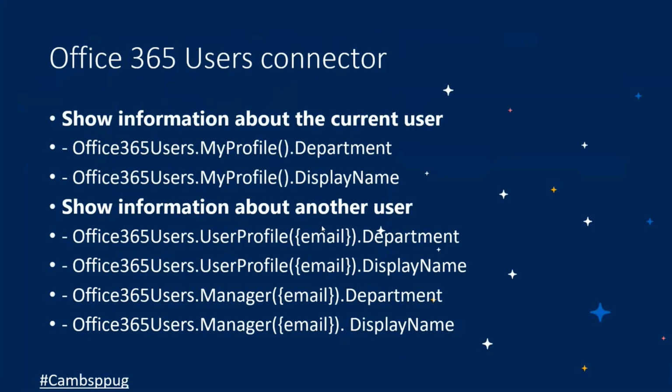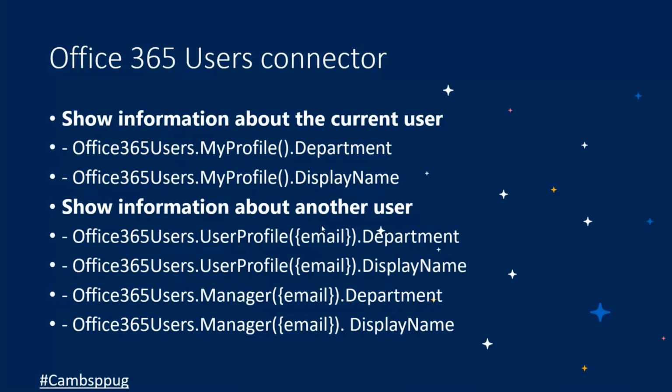This connector can give us access to data, like my personal data. I think you all had this experience in canvas applications, trying to retrieve my profile and get department, display name and some other data. We also have access to get information about other people in our Azure directory. So here in Office 365 Users, we have user profile.